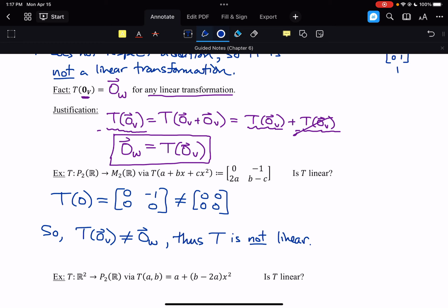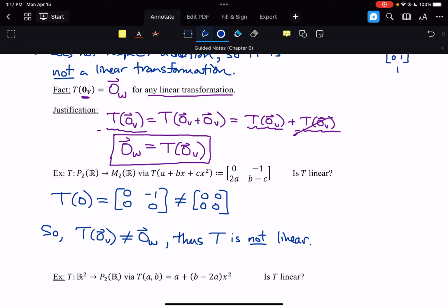So there are some cases where showing that the transformation is not linear can be simplified simply by observing the relationship between the zero vectors. Does the zero vector of the input vector space transform into the zero vector of the output vector space? Now, just because it does work doesn't guarantee that it's a linear transformation. We'd still need to check that it respects addition and scalar multiplication, but it can be used effectively to contradict a linear transformation.